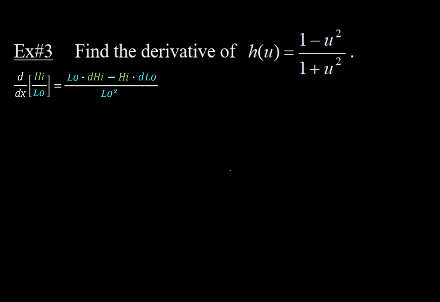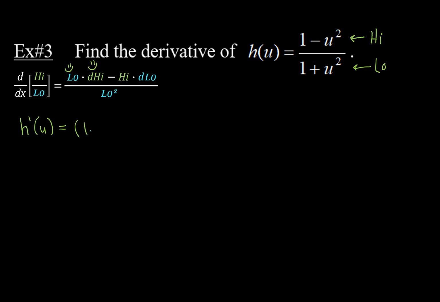So let's find the derivative of this function. Think of the top function as the high and the bottom function as the low. And we're going to find the derivative h prime of u using the quotient formula. So we're going to start off with low d high.